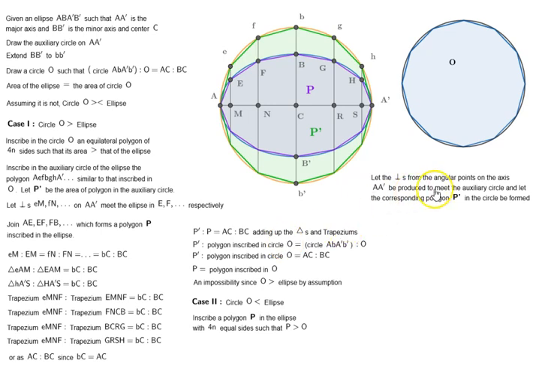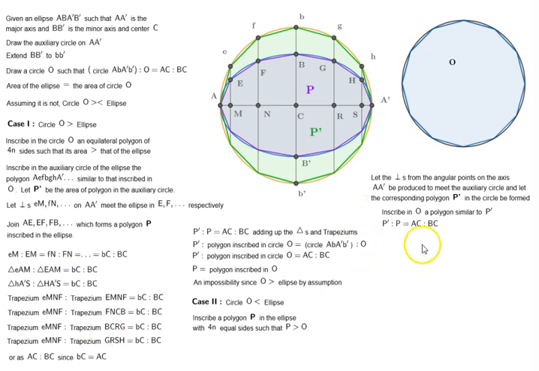Let the perpendiculars from the angular points on the axis A A prime be produced to meet the auxiliary circle, and let the corresponding polygon P prime in the circle be formed. Which circle? The auxiliary circle. Now, inscribe in O a polygon similar to P prime.